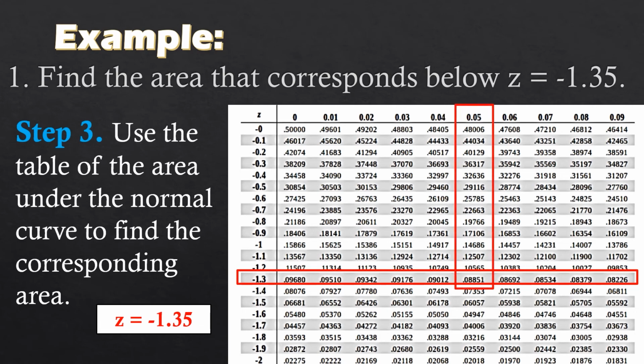So we have this column, and the intersection of negative 1.3 and 0.05 is 0.0885. So this is the area under the normal curve based on the table.